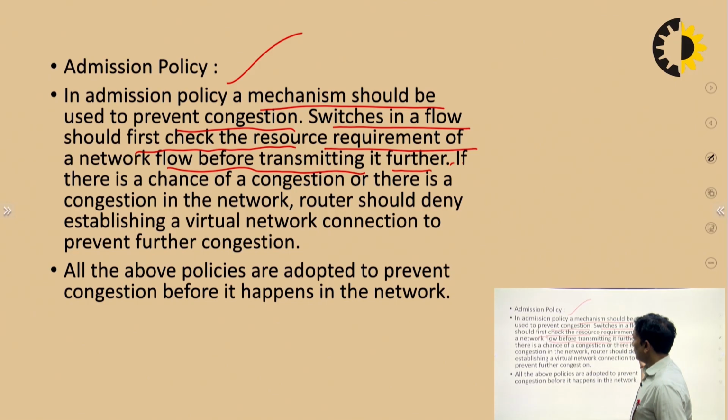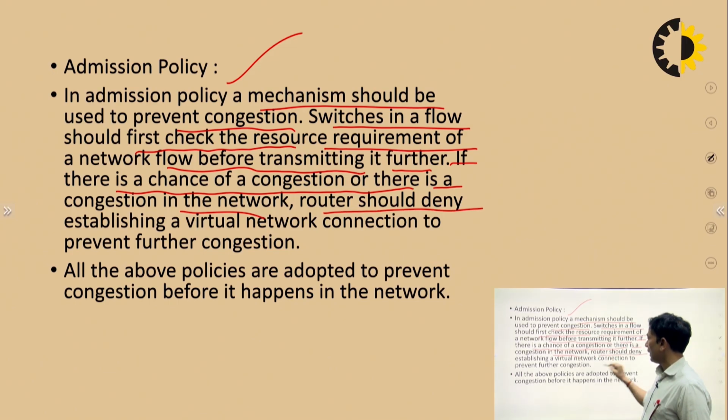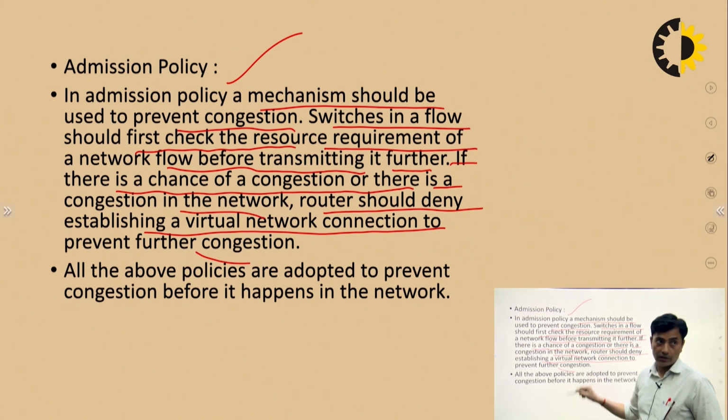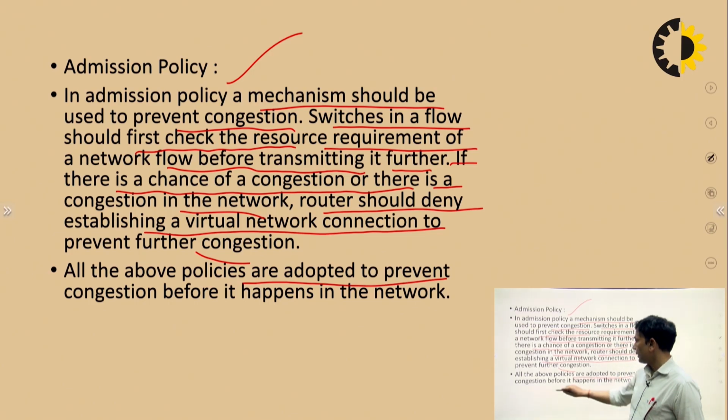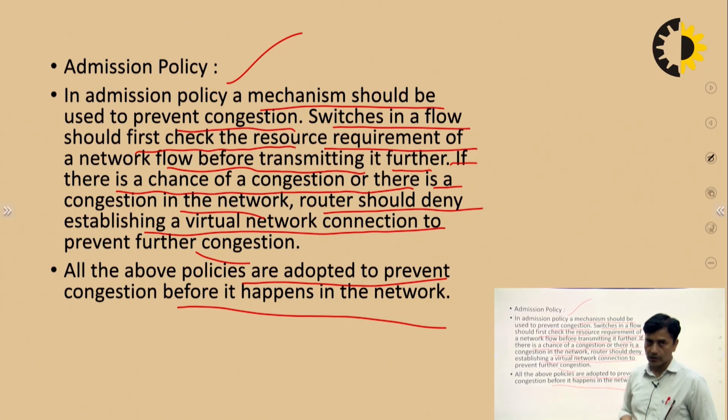If there is a chance of congestion, or there is congestion in the network, the router should deny establishing a virtual network connection to prevent further congestion. So if there is such a request, it can be denied. All the above policies are adopted to prevent congestion before it happens in the network.